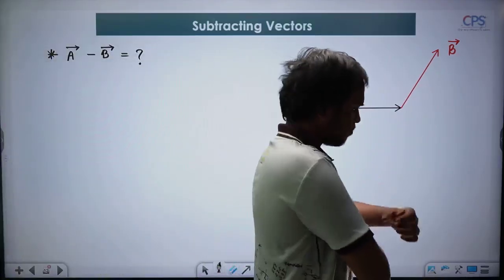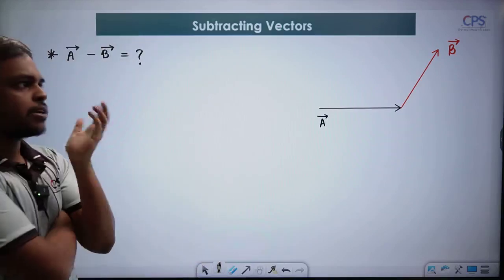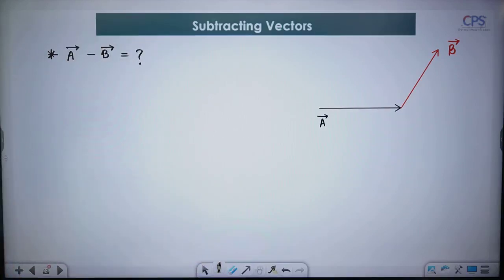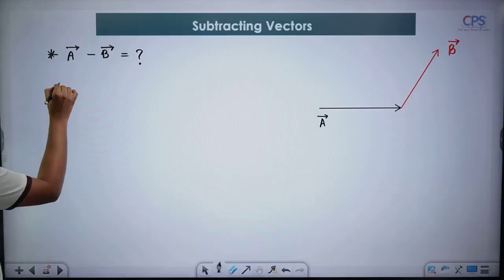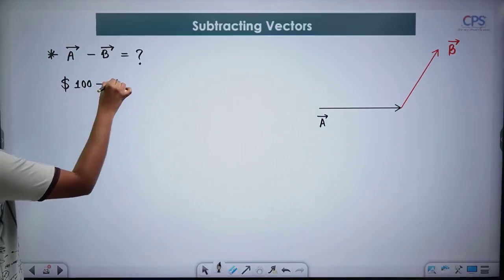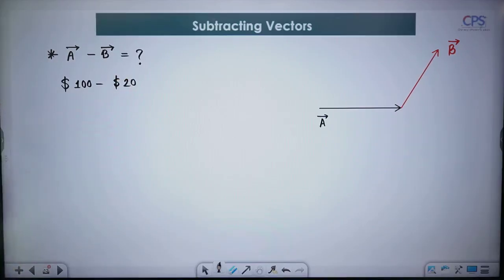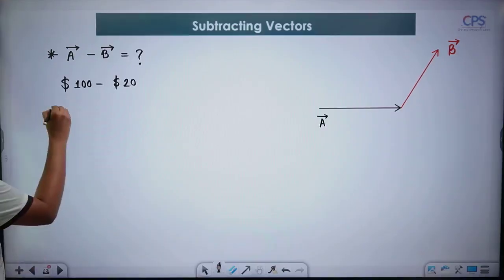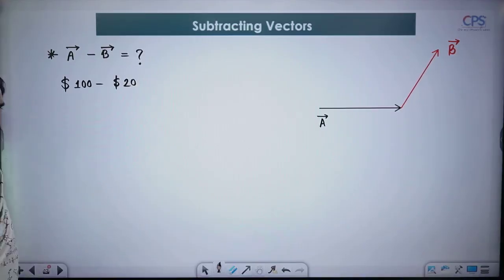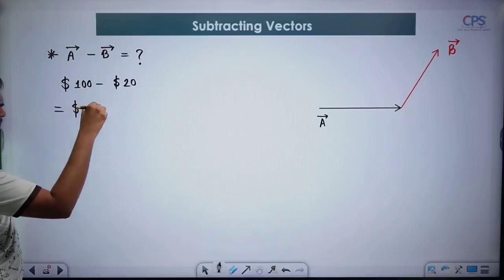Now, the fun part is, when you subtract one thing from another thing, what happens? Let's say you are subtracting $20 from $100, okay, or pounds, whatever you might say. What happens here? This is $80, of course, you know that, but what do you do actually?